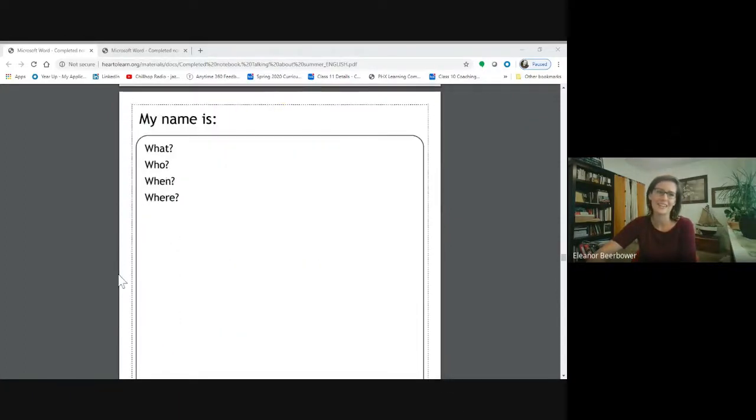So here you'll see the beginning of the top of the journal page. In the top area, you'll see my name is, what, who, when, where. I think that it's really important to include this information.